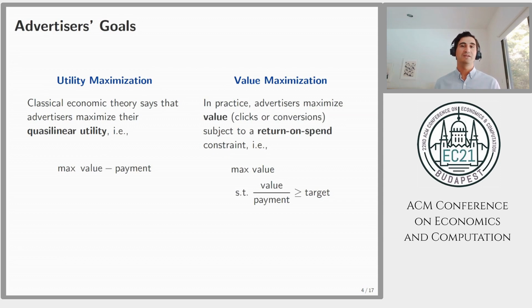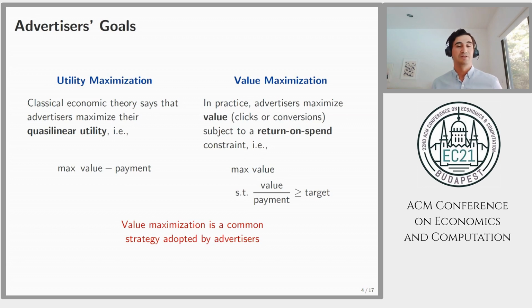Now, in this market, most advertisers actually seek to maximize their value, that could be clicks or conversions, subject to a return on spend constraint. What do we mean? Well, they're solving this maximization problem. They're maximizing their value without any payment in the objective, but payments are indirectly captured in this return on spend constraint that says that the ratio of value to payment should be greater than the target that they specify. And this value maximization model is a common strategy that is being adopted by many advertisers in the auto-bidding world.